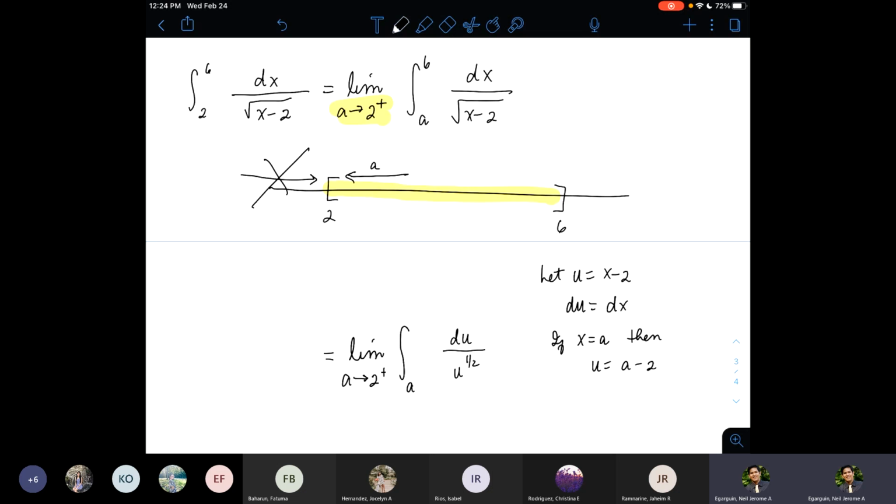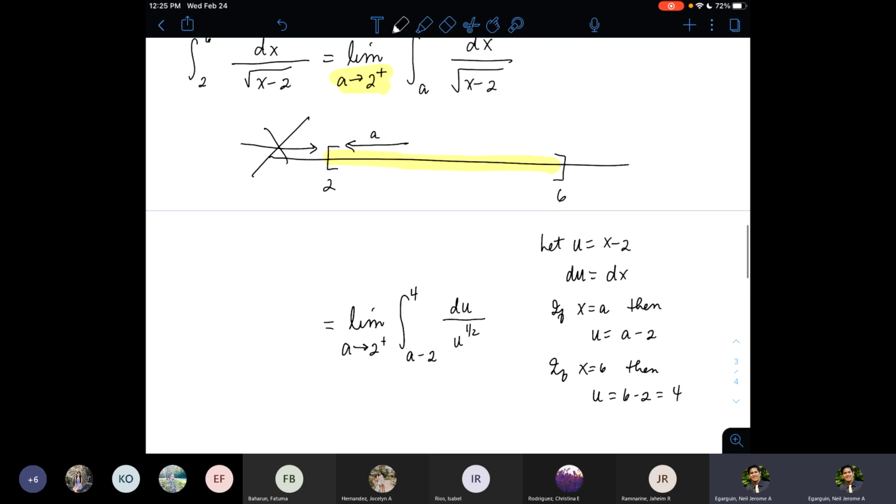So the lower bound here would be a minus 2. And the upper bound is 6. So if x is equal to 6, then we need to know the value for u, and that value of u would be our upper limit. Okay, so here u will be equal to 6 minus 2. That's going to be 4. So the upper limit is 4.